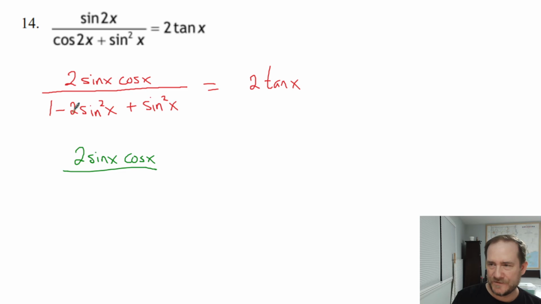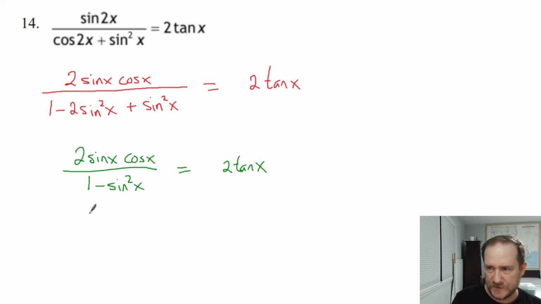When we add the negative 2 sine squared x and a sine squared x, we can combine those. You just add the coefficients. So instead of negative 2 of these, we add 1. We now just have negative 1 of those. So it's 1 minus sine squared. And that, of course, means that we can just use a Pythagorean identity.